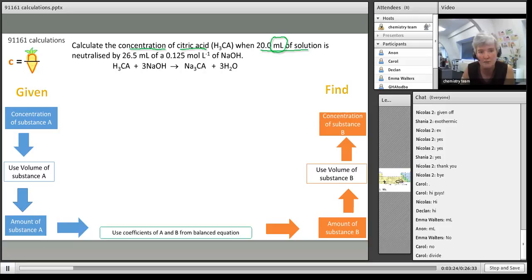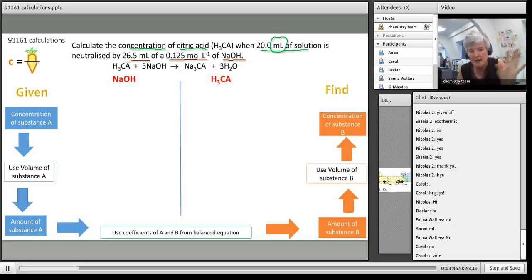It's just the volume. And the other substance is my sodium hydroxide, and I know two things about it. Remember what we said, we'd always know the concentration and we always know the volume. And the same thing, we have to convert. So just like what we did before, the easiest is drawing a line and having everything to do with sodium hydroxide on one side and everything to do with the other substance on the other side.